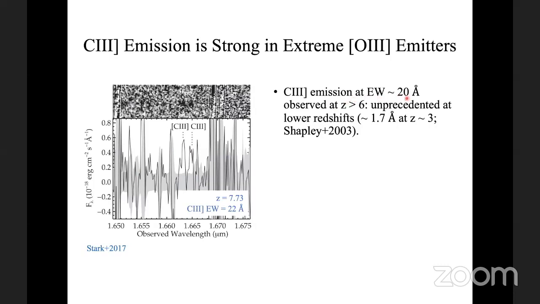This value is much, much larger than the typical value at lower redshift. Currently, we can hardly find such strong carbon-III] emission at lower redshift, which makes it very difficult for us to interpret what this line emission tells us about this extreme population.